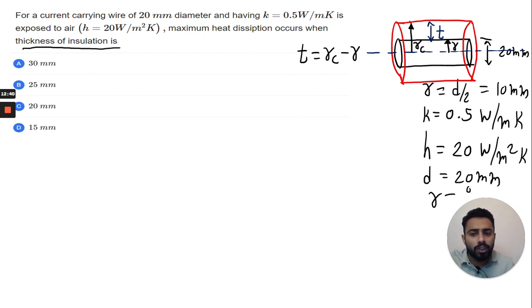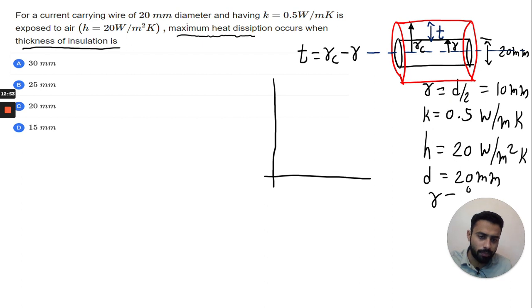We need to calculate the thickness of insulation when the heat dissipation is maximum. There is one graph, let me explain it over here. In this graph, on the y-axis there is the heat transfer, which we denote with letter Q, and on the x-axis there is the radius, which we represent with letter R. In this graph there is one curve something like this.